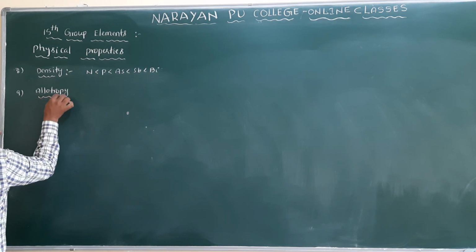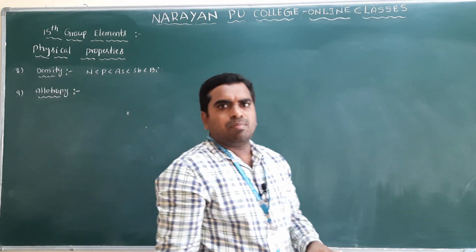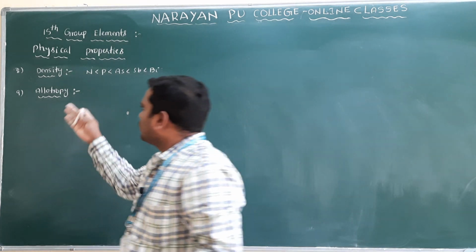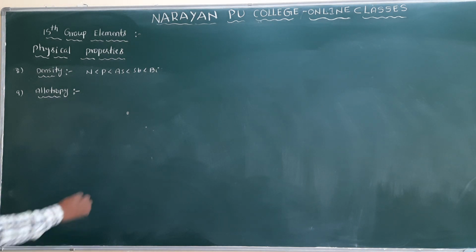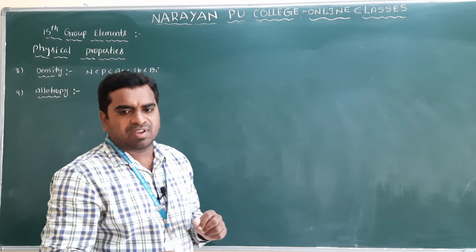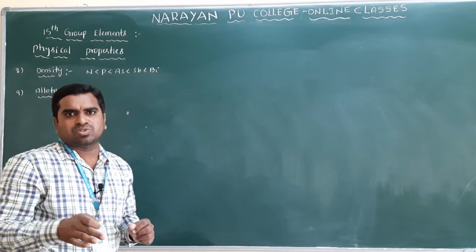What is meant by allotropy? Clear? The elements exist in different physical states, and that we call allotropy. And mainly here, except nitrogen and bismuth. In the NCERT textbook they have given only nitrogen as the exception, but bismuth also is there.